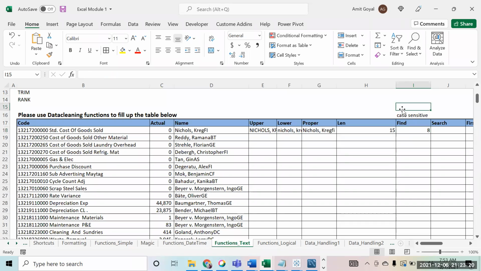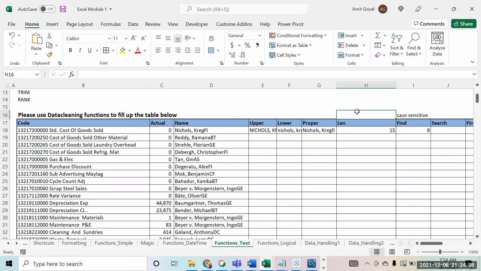Try to apply the formula to find the position of H. Yes, Amit, I got it. It's 4.